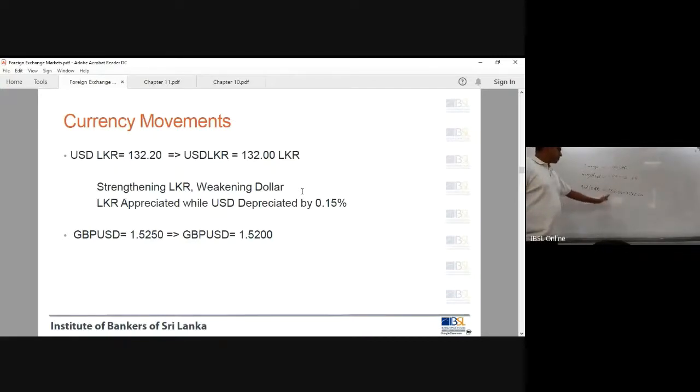This means if the rate has come down, the base currency has weakened. So the dollar has weakened. Rupee has strengthened. And so the rupee has appreciated, dollar has depreciated.